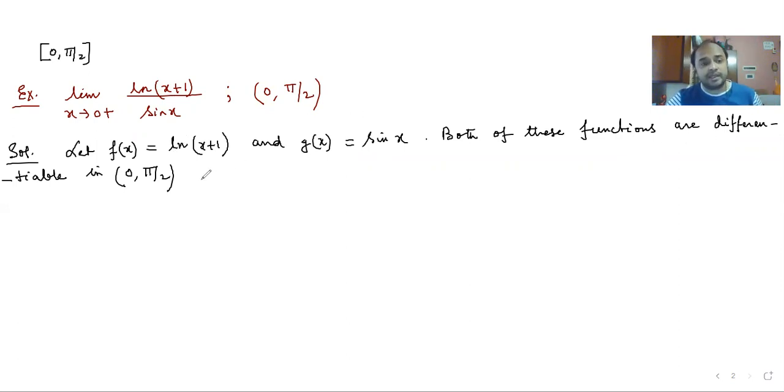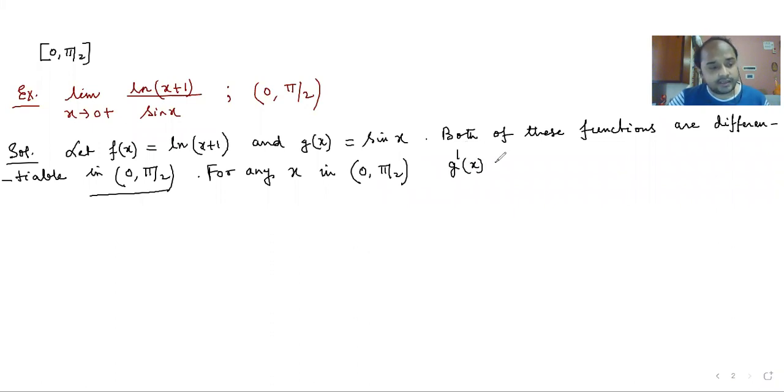So differentiability has to be checked in the open interval (0, π/2). For any x in (0, π/2), g'(x) is not equal to 0, as sin x is not equal to 0.